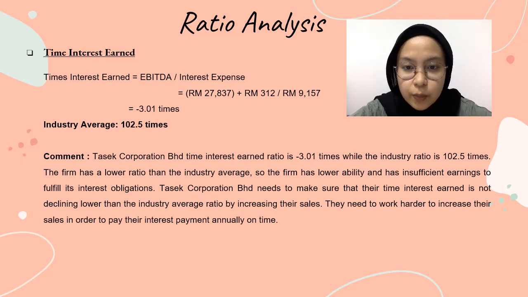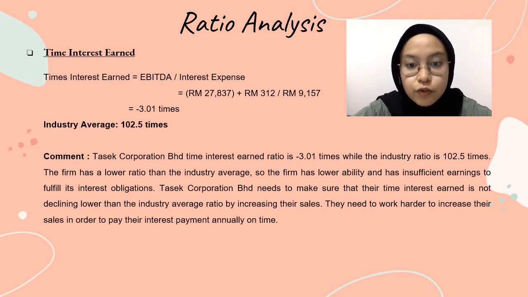So Tasek Corporation Berhad's times interest earned ratio is negative 3.01 times, while the industry ratio is 102.5 times. The firm has a lower ratio than the industry average, so the firm has lower ability and has insufficient earnings to fulfill its interest obligations.